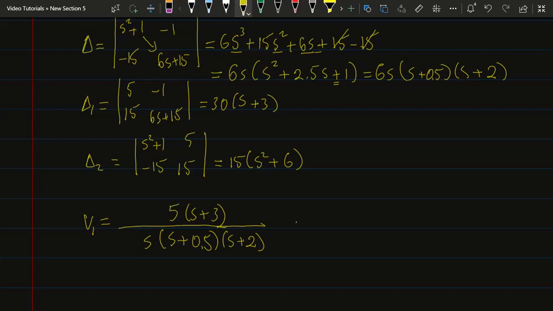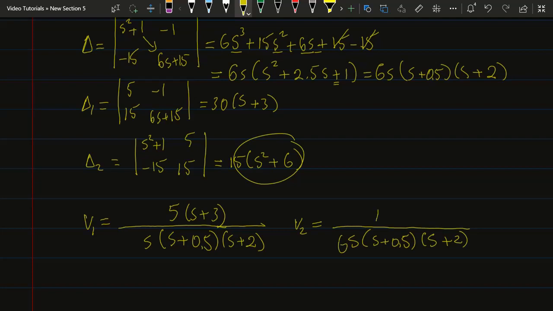And then for V2, in the numerator, we get the same numerator, s plus 0.5, and s plus 2. And this is my numerator, so that's, oh, I have 6 in here.